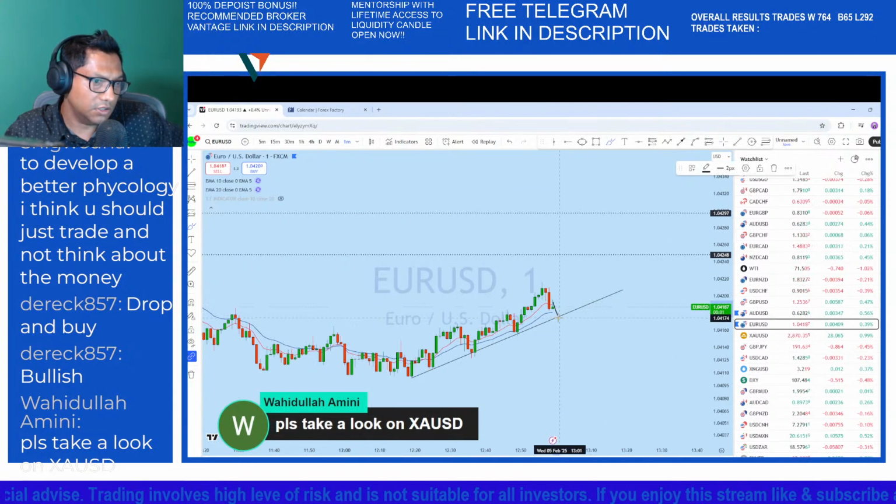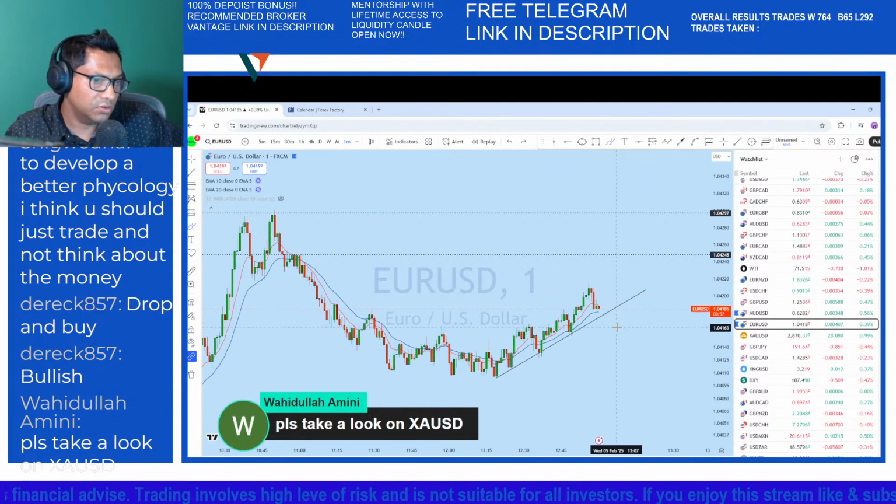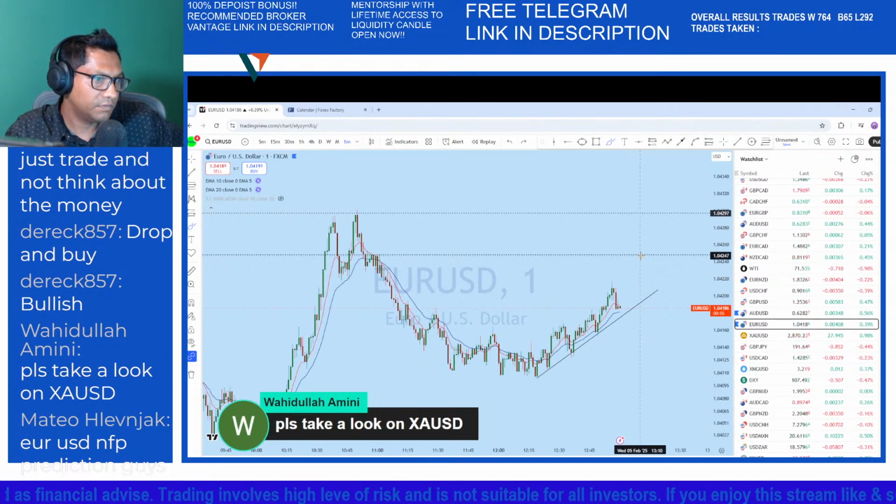Here as you can see from this support, expecting for the price to return to the upside where there is a high liquidity.